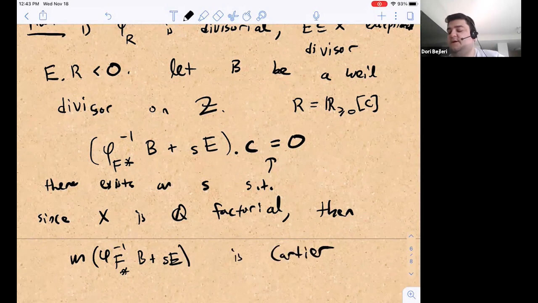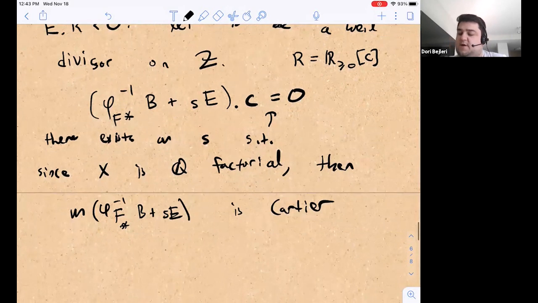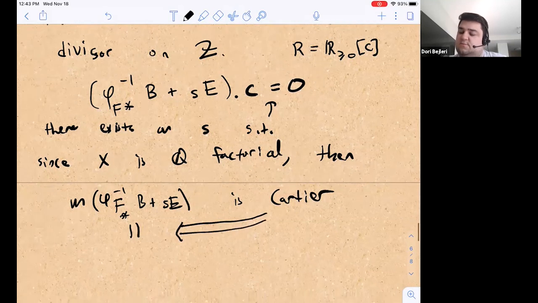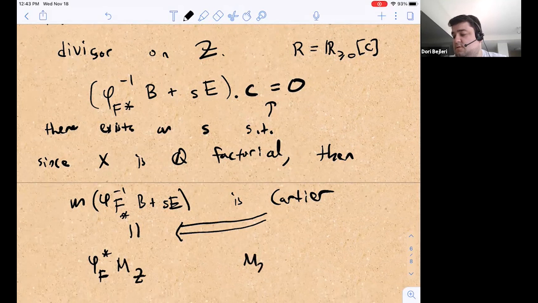So we pick some M to make it Cartier, and then by the cone theorem, we get that this is the pullback of some divisor MZ, where MZ is Cartier.